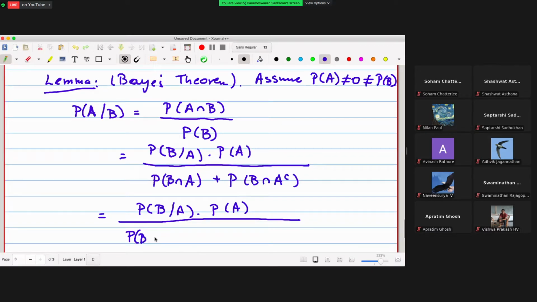So B given A times the probability of A plus the probability of B given A complement times the probability of A complement.